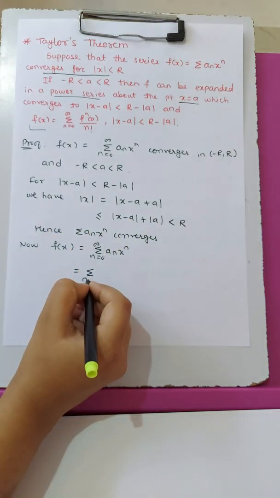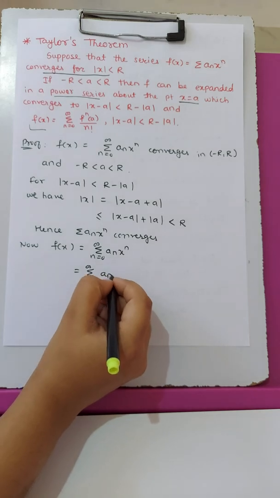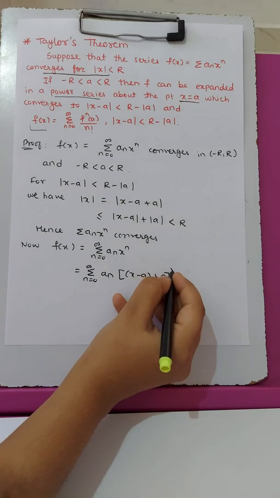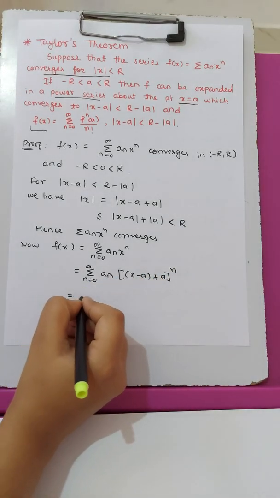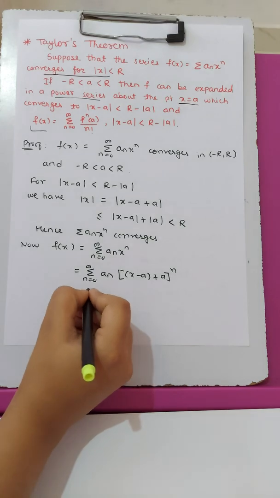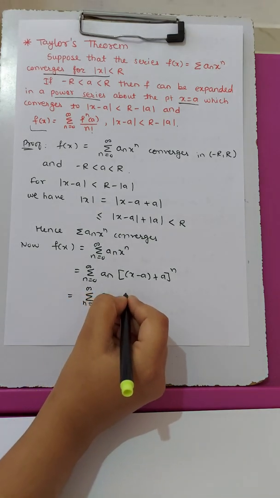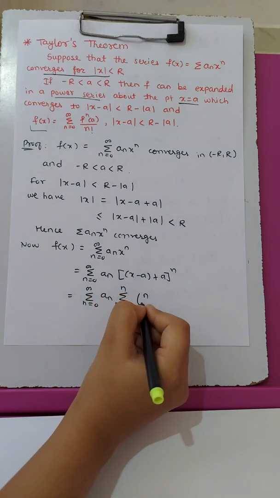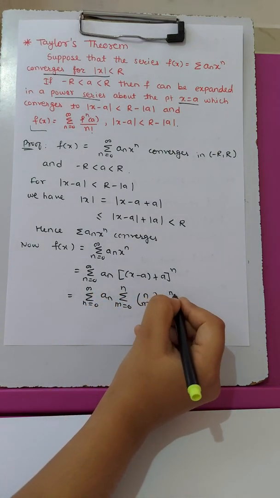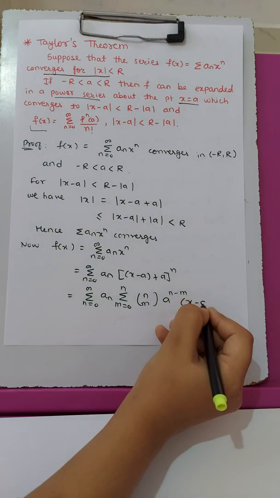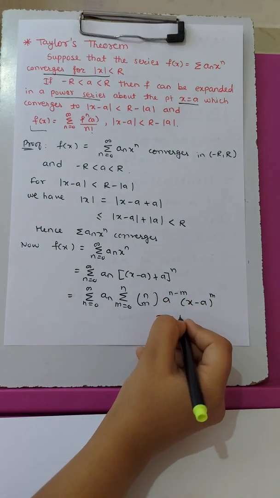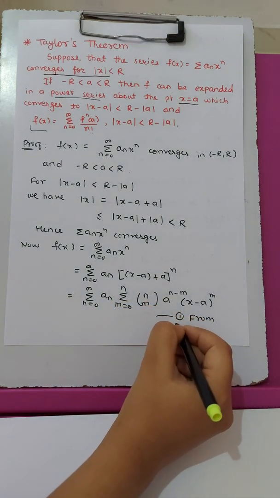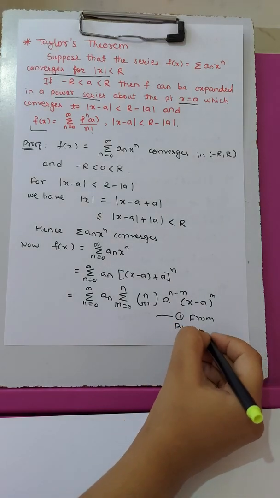So here summation n from 0 to infinity a_n x^n is (x minus a plus a) to the power n, which is equal to summation n from 0 to infinity a_n summation m from 0 to n n choose m a to the power n minus m and (x minus a) to the power m. Let it be number 1, and this we have taken from the binomial expansion theorem.